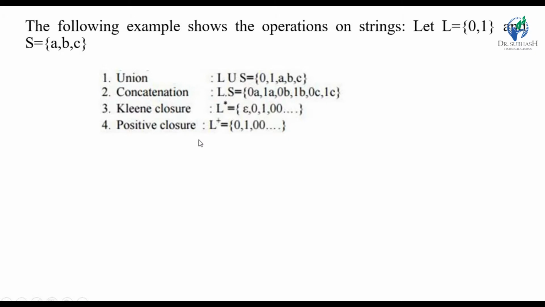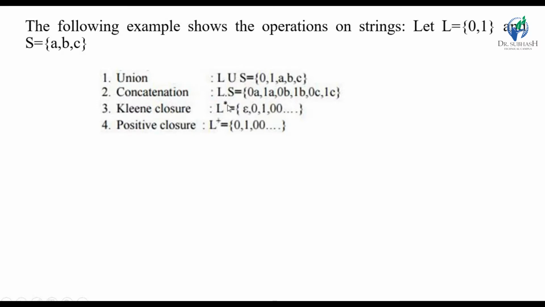Next is Kleene closure. What is Kleene closure? It means 0 or more occurrences of the given set. 0 occurrences means empty. L, which is denoted by L star. L is a given language, then L star. So what are the values in this set?